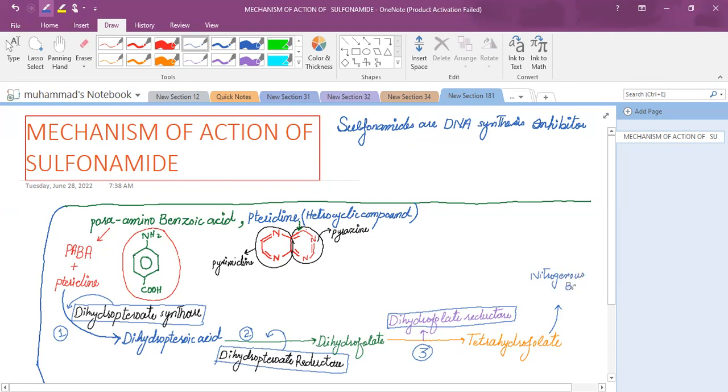And those nitrogenous bases are purines and pyrimidines. In this way, DNA is synthesized.